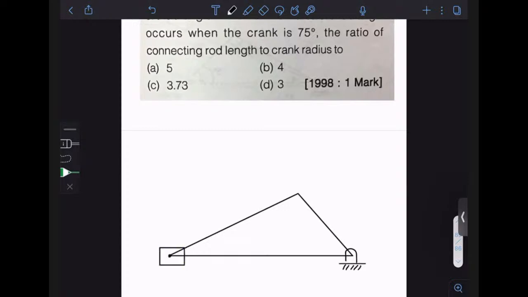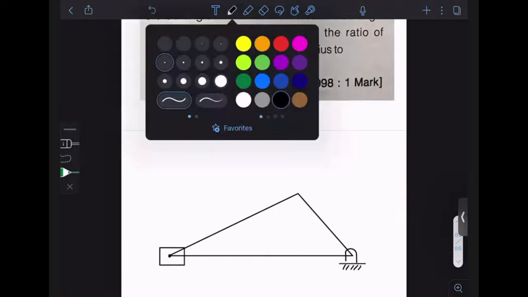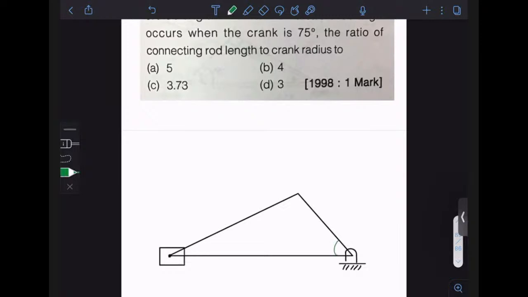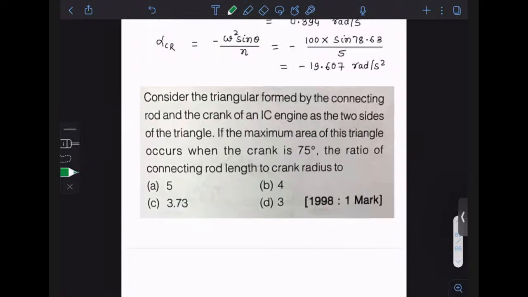this is your piston, right? So here you can say that this angle is going to be your theta. This is your R, this is your L, this is your beta. So here what is given? Consider a triangle formed between the connecting rod and crank.